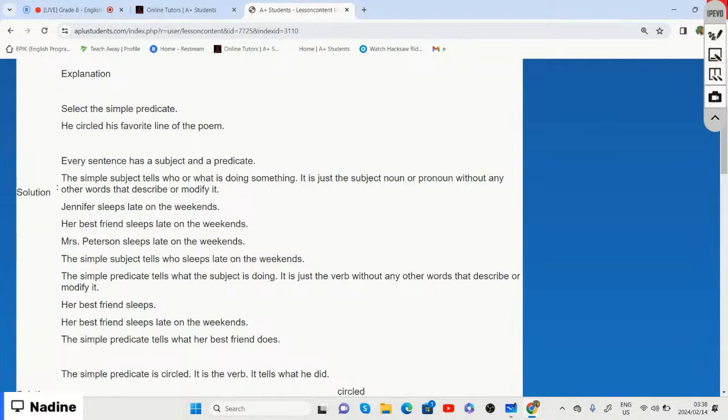And if we look at the simple predicate, our simple subject is a noun or pronoun, and then we have a simple predicate, right?